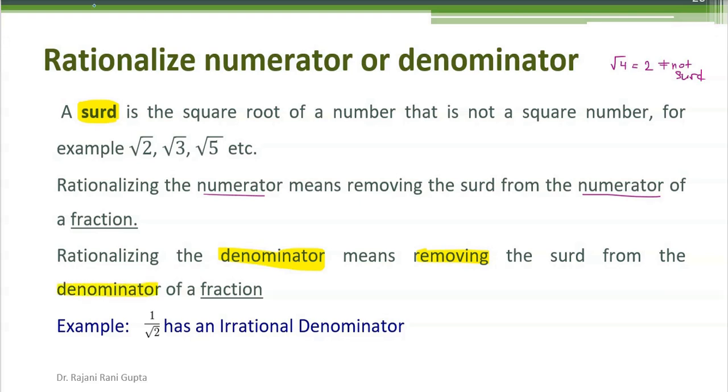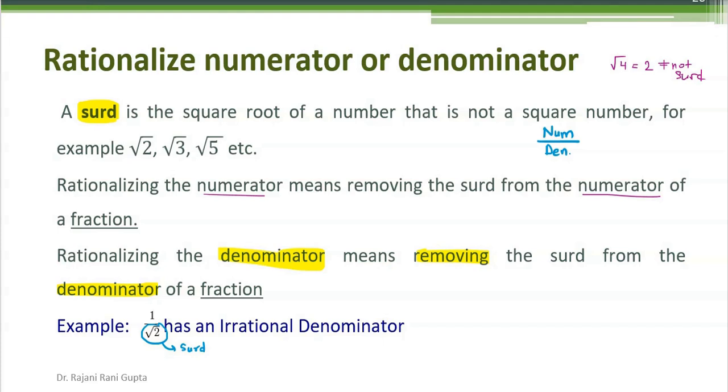I hope you remember when we write a fraction, the number on the top we call the numerator and the number at the bottom we call the denominator. For example, 1 over root 2 has a root 2 in the denominator. This is the surd, an irrational number.